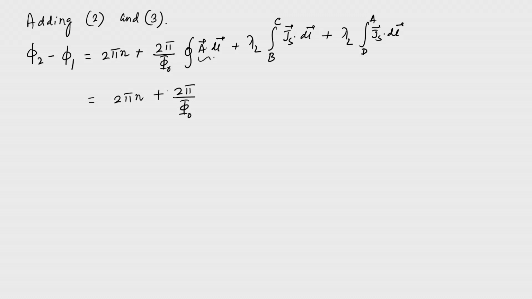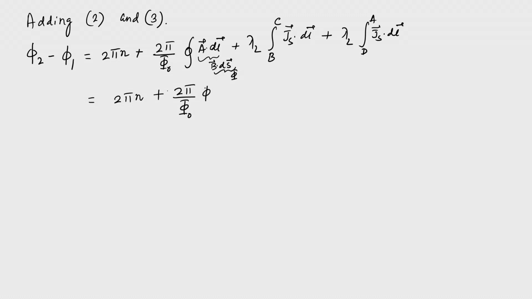Now, the closed integral of A dot dl is, by Stokes' theorem, the integral of curl A dot dS, and curl A is nothing but B. So it is B dot dS, which is nothing but the flux.